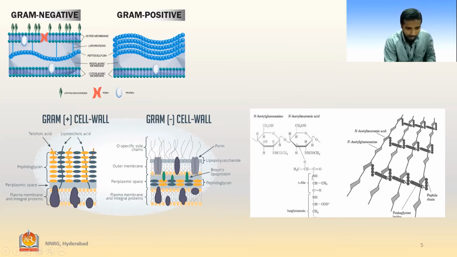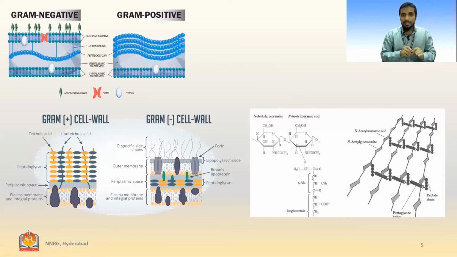Basically, peptidoglycan layer has teichoic acid and lipoteichoic acid. These two are attached one after the other and form multiple layers like this. And these layers are attached in a zigzag manner.